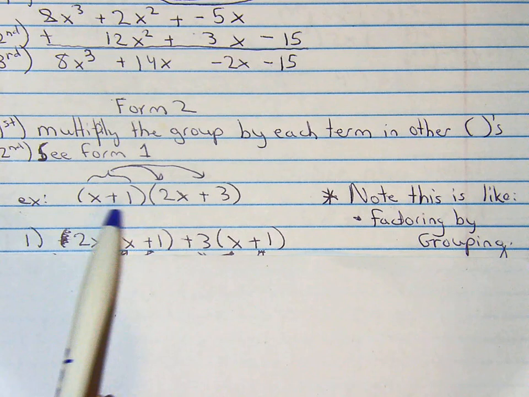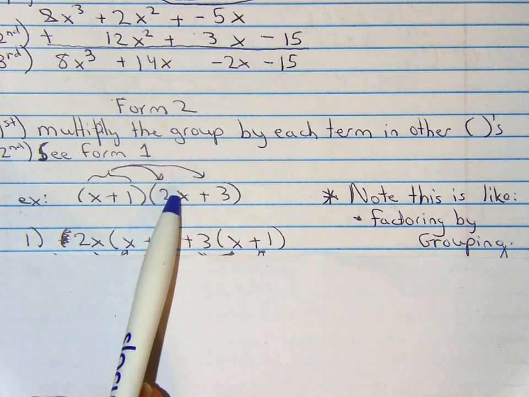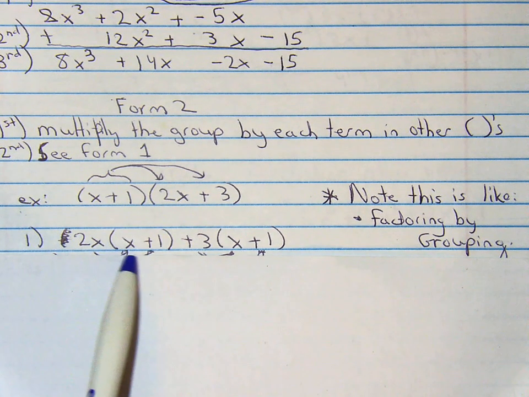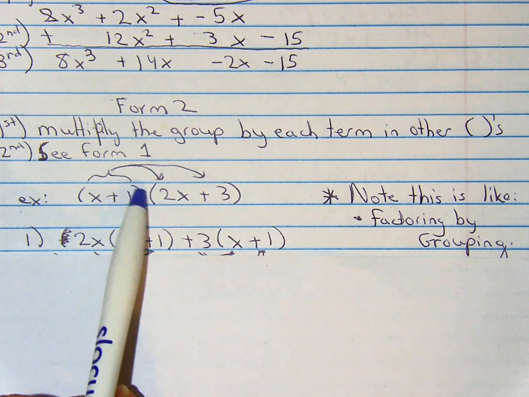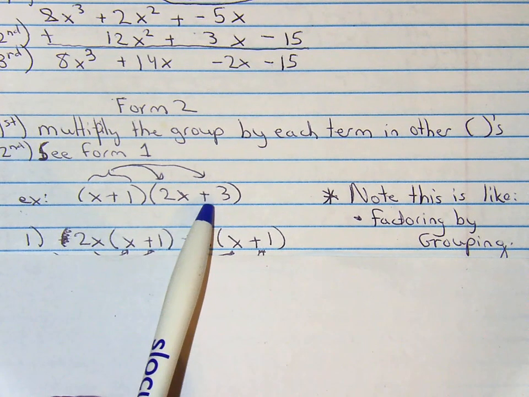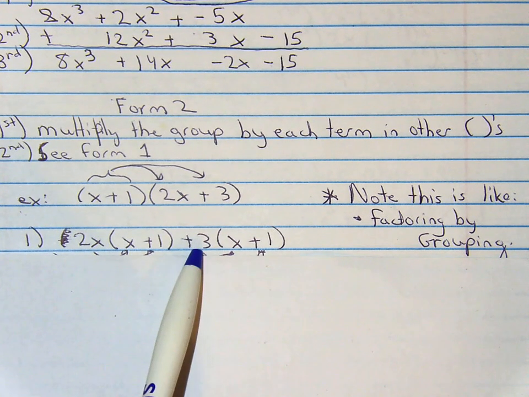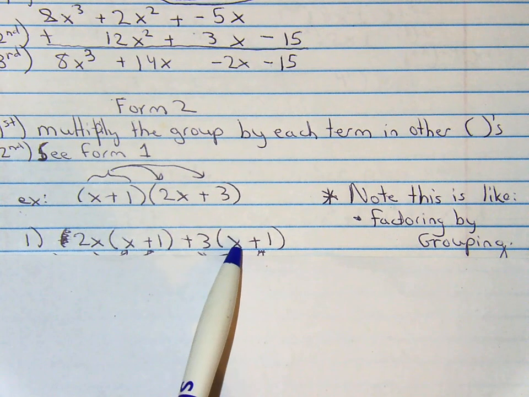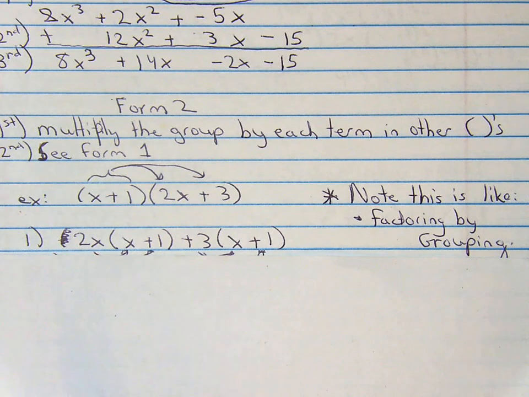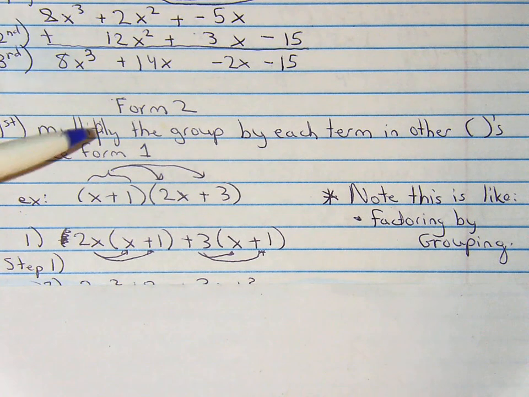So we take our entire group and I multiply it by 2x, and my entire group and multiply it by, in this case, positive 3. So I have a plus 3 because it's a positive 3. And you'll see that they are being multiplied by the entire group. And then basically from there, we repeat the steps from above.